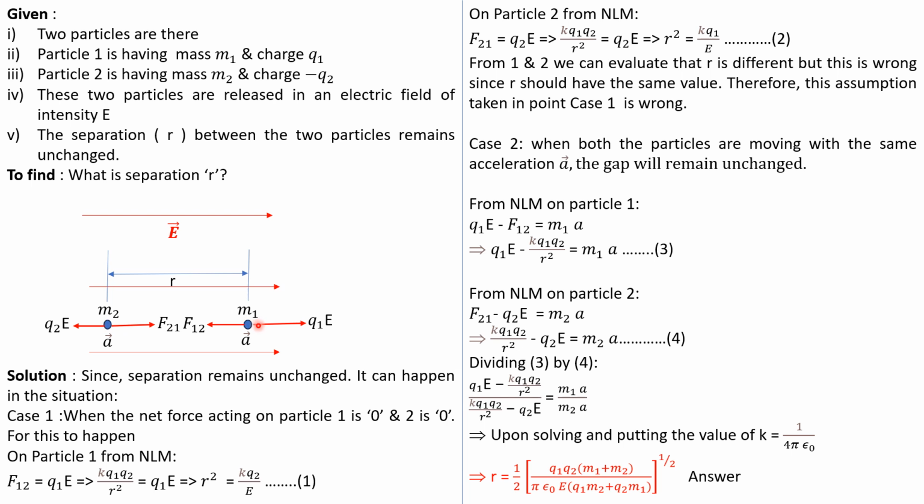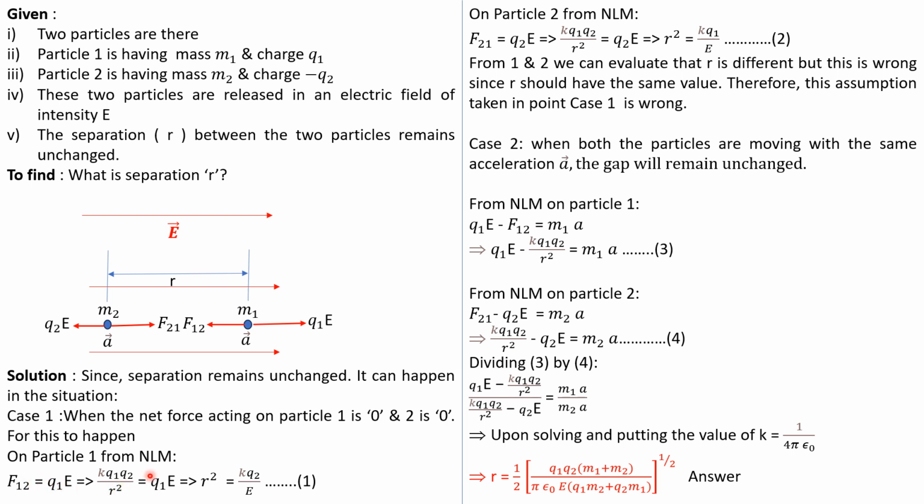For this case to be fulfilled, the net force on particle 1 and the net force on particle 2 should be 0. So if we write Newton's law of motion equation for particle 1, for the net force to be 0, q1E should be equal to F12.